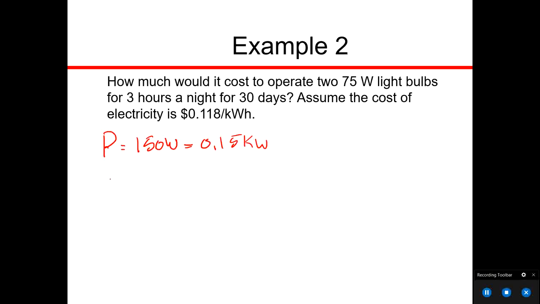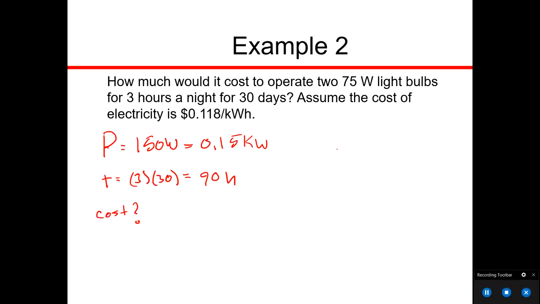Our time, so 3 hours a night times 30 days is going to give us a total of 90 hours of usage. And our goal here is to figure out how much does that cost. Okay, so we can start. So remember, kilowatt hours is energy.